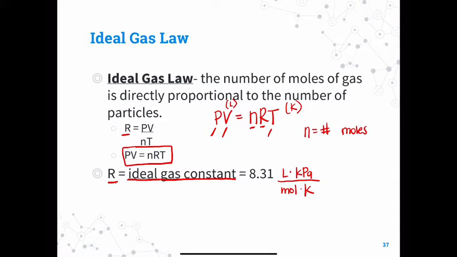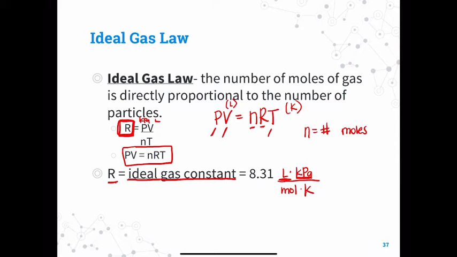Now, you look at that and you're like, man, that's a lot of units, Miss Brown. And you're right, it is. But if we solve for R, like is done in this equation right here, our units would be, the pressure would be kPa if we did it in kPa, okay? So we've got our kPa here. The volume would be liters, so we've got our liters there.